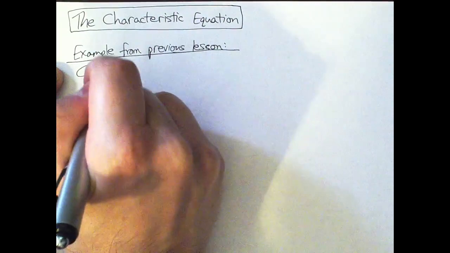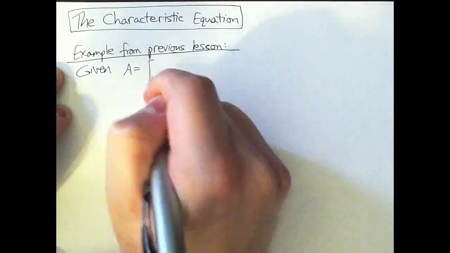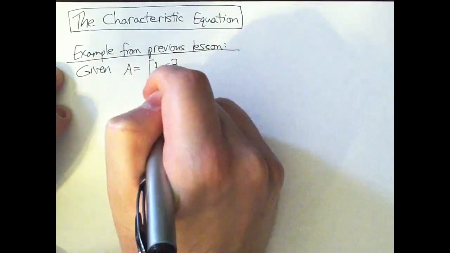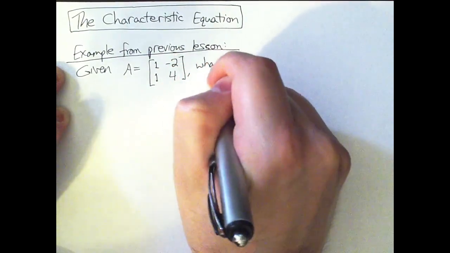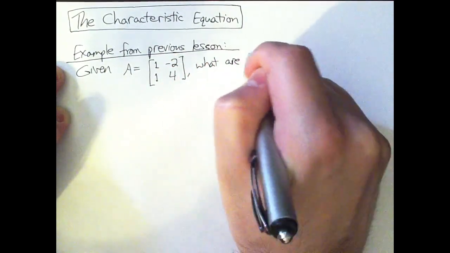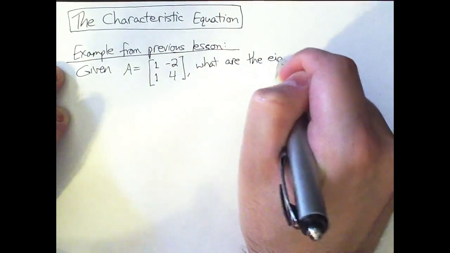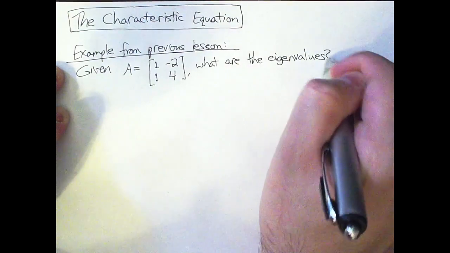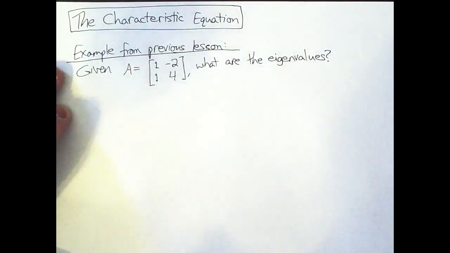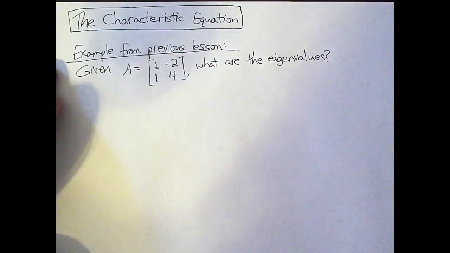We had a 2 by 2 example. We were given A equals [1, -2; 1, 4]. And our question right now is, what are the eigenvalues? And you could refer back to that previous lesson if you need to remember what the definition of eigenvalue is.